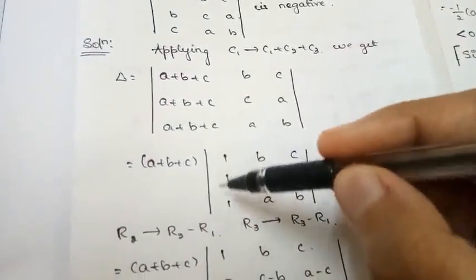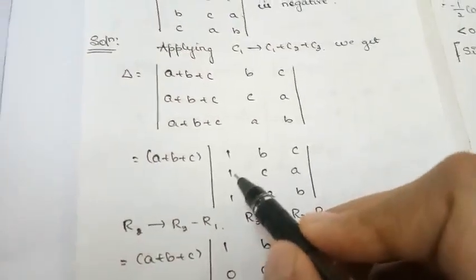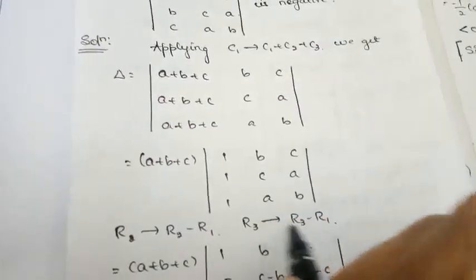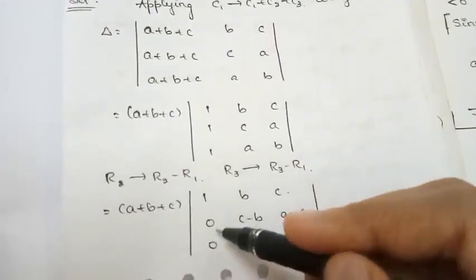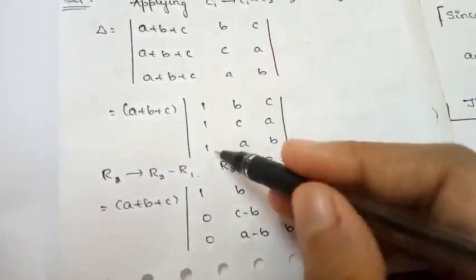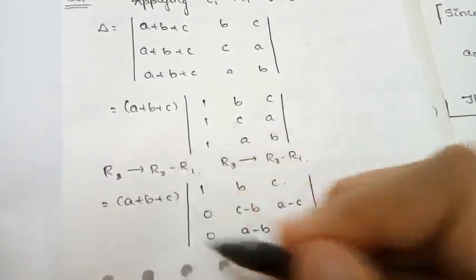Now I will make two elements of this first column equal to 0. For that I use the row operations R2 implies R2 minus R1, R3 implies R3 minus R1. So the first row remains as it is, and the second row becomes 1 minus 1 is 0, c minus b, a minus c; again 1 minus 1 is 0, a minus b, b minus c. So we got this.